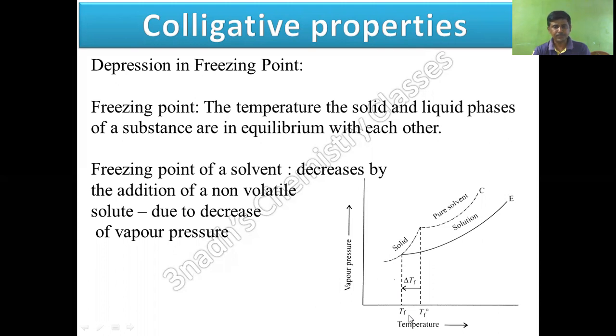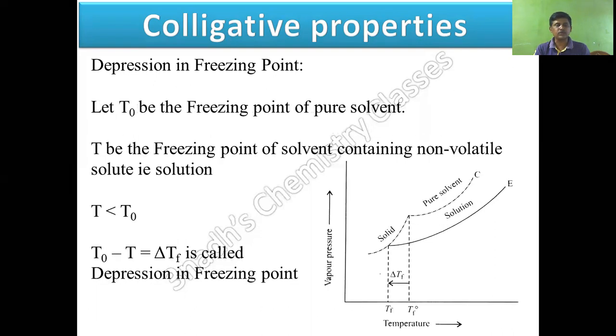This is the vapor pressure versus temperature plot. This curve is for the pure solvent and this is for the solution. You see here it is the vapor pressure. This is the freezing point of the pure solvent and this is the freezing point of the solution. The freezing point of a pure solvent decreases by the addition of a non-volatile solute due to the decrease of vapor pressure.